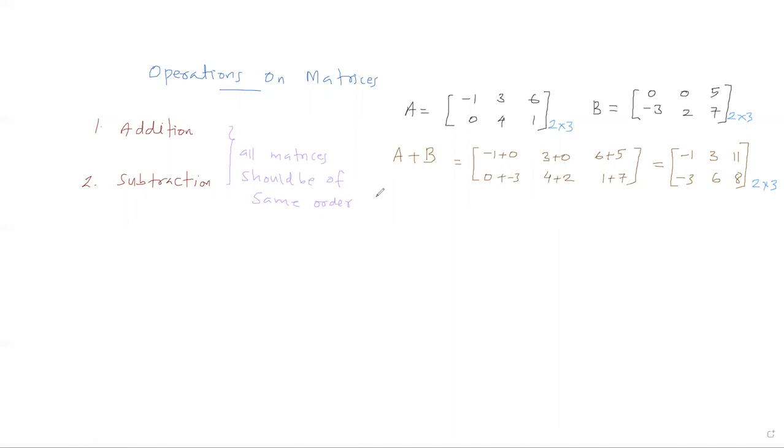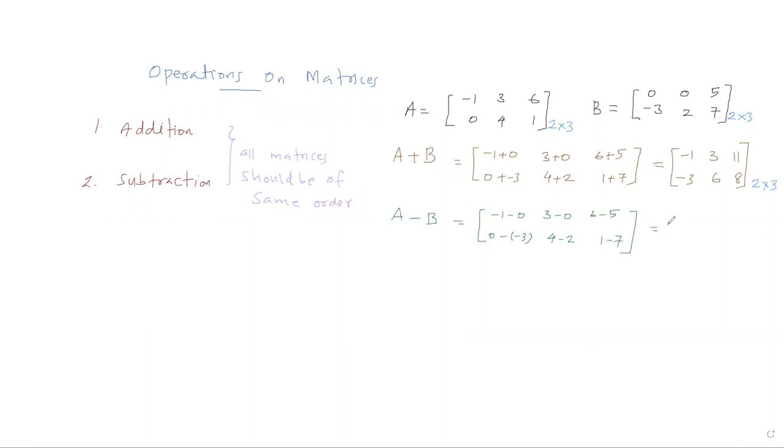Okay. So if you want to subtract this, it is the same thing. You just subtract the corresponding element. That's all. For example, if you want to find A minus B, so just subtract -1 minus 0, 3 minus 0, 6 minus 5, 0 minus -3, 4 minus 2, 1 minus 7.